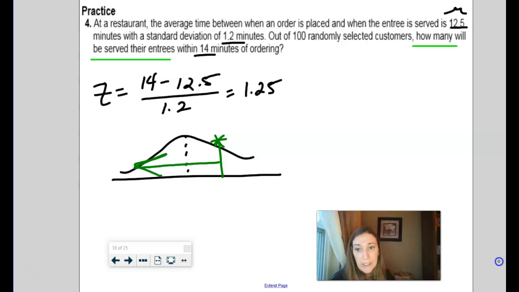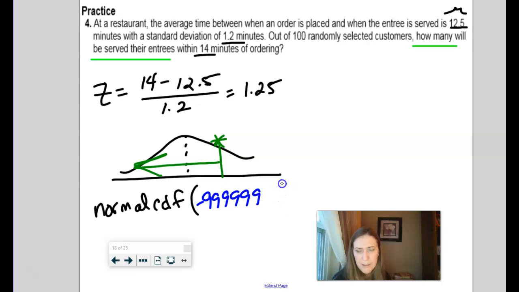So on my calculator, I'm going to use normalcdf. If you have a new one, you're in good hands because it prompts you on all this, but your lower bound just has to be something super duper negative, or small, if you want to be particular about it. And then your upper bound here was a Z-score of 1.25.